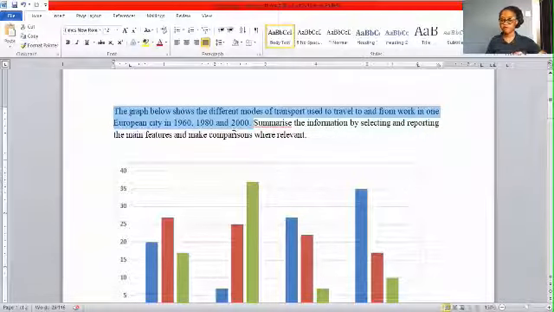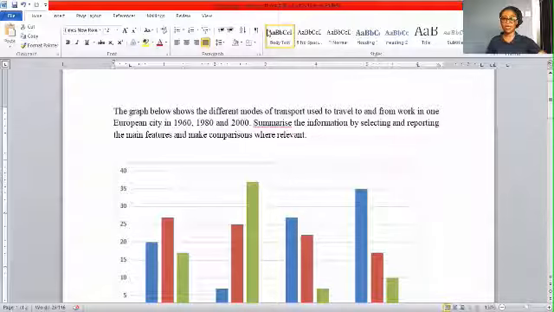There are 5 strategies that I want us to focus on, and we'll try as much as possible to look at all these 5 in relation to the description that we have so that we can understand how to paraphrase the description.